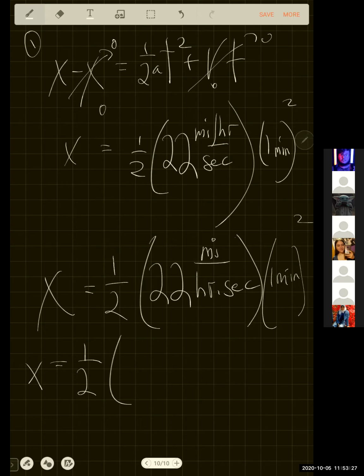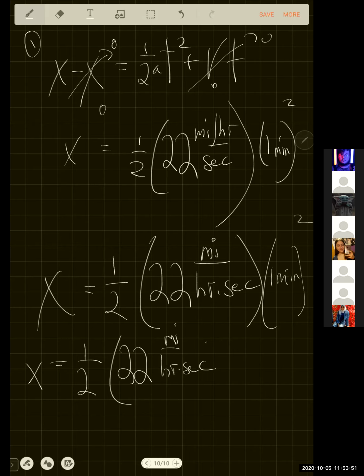But if I go slow, the problem wanted me to know how far something would fall in a minute. So I'm focusing on those minutes that are getting squared, right? So let me try to convert everything into minutes. I've got 22 miles per hour per second.